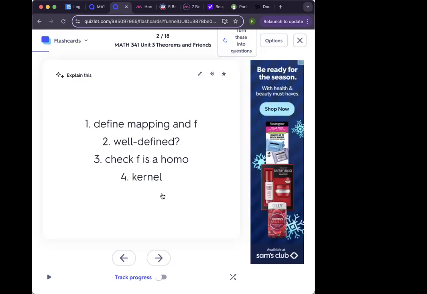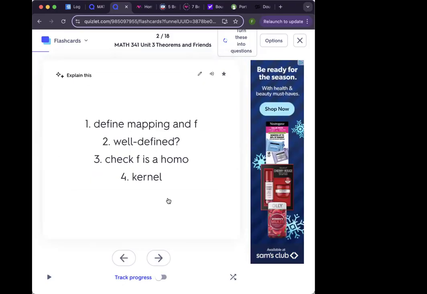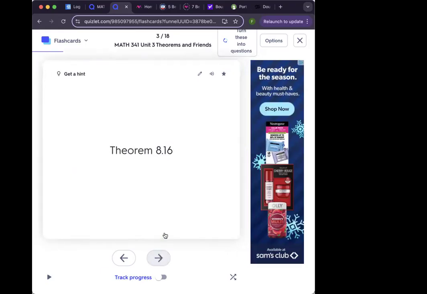And then since kernel happens when it's a homomorphism of groups, you want to make sure that the F we defined is a homomorphism, and then we make our set for the kernel.